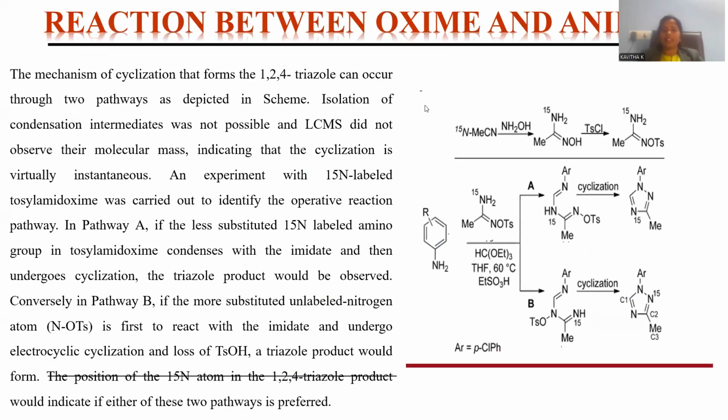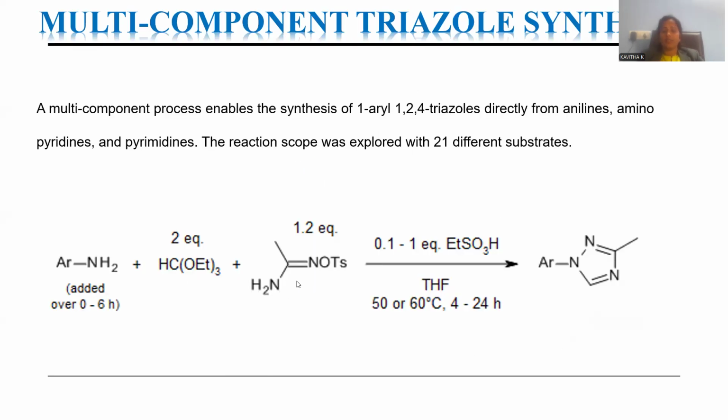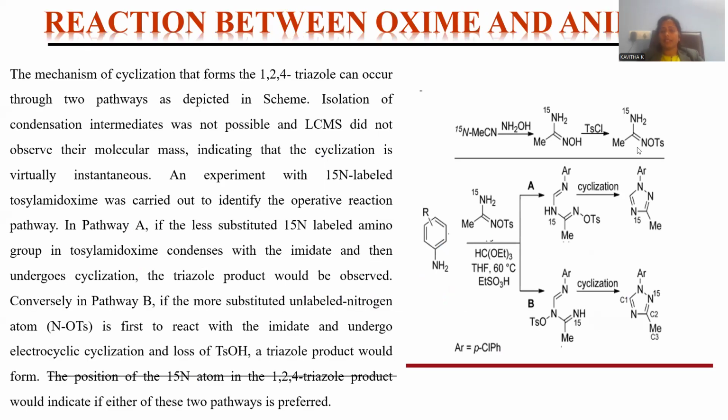Then the reaction between oxime and aniline, right? The oxime originates the same way as what we consumed in the last step. So here I'm taking methyl nitrile. That methyl nitrile is supposed to be treated with this hydroxylamine. Whenever it is treated with this, there is an origination of the kind of double bond, NOH.